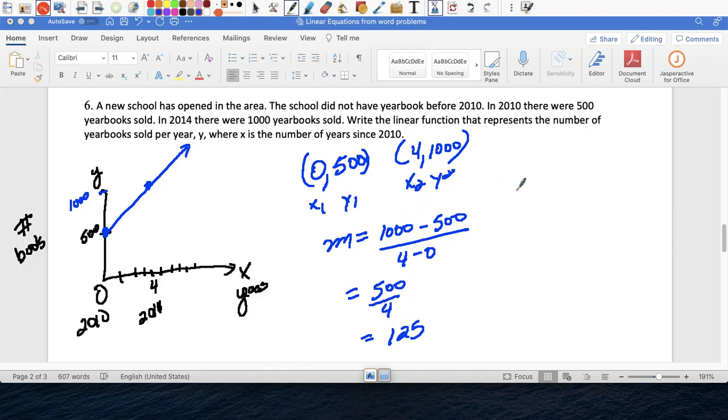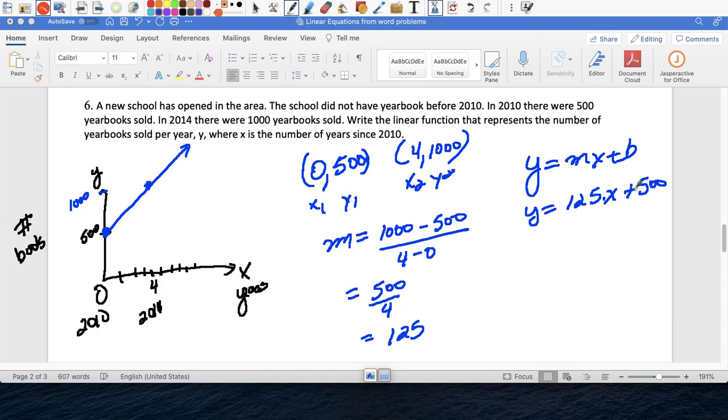So y equals mx plus b. Y equals 125. That's a change, right? Every year. X represents the number of years. So every year we're adding 125, plus 125x, and then plus b, the y-intercept. Again, the y-intercept we don't have to find because we already see it over here. It's 500.